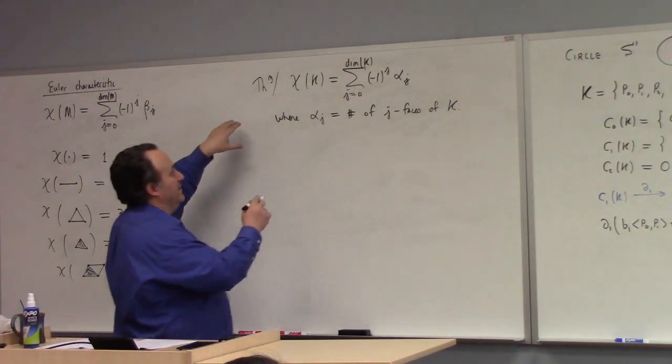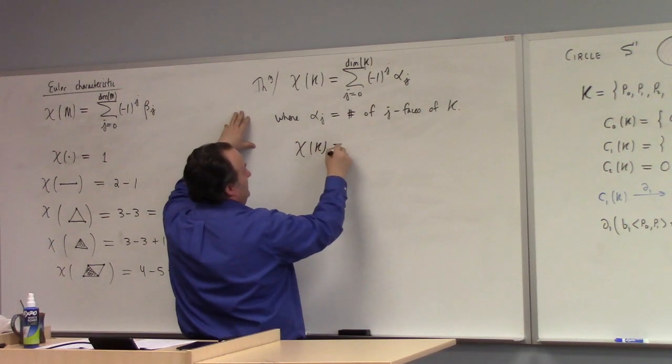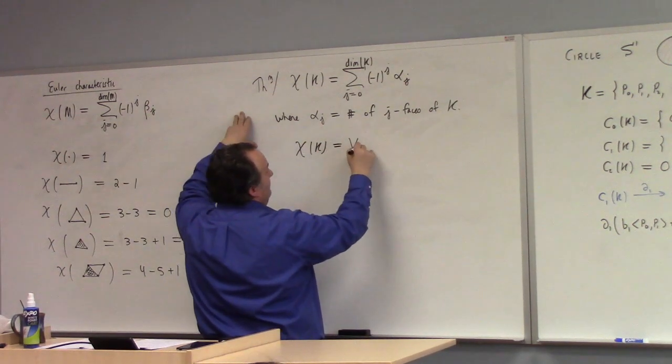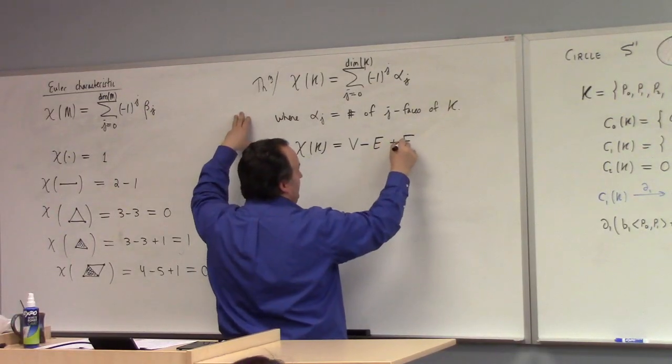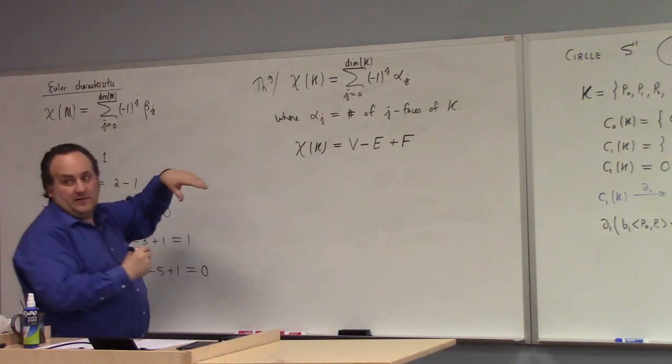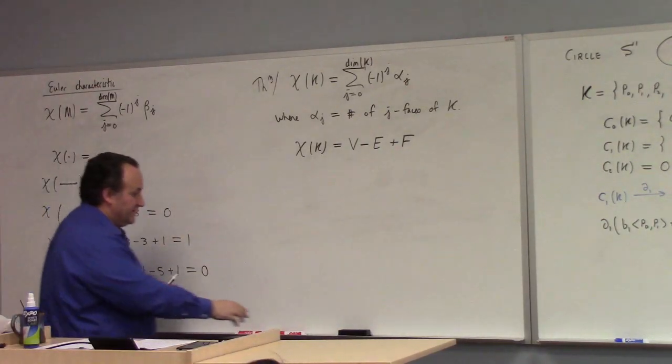So the usual formula that you might have seen in high school perhaps would be vertices minus edges plus faces is the Euler characteristic. So you can see that that's what's informing these calculations over here, right?